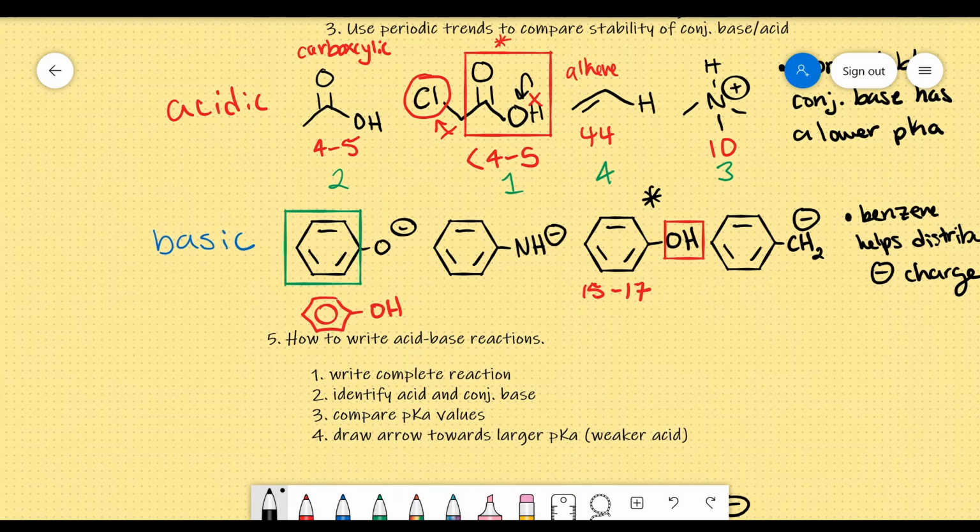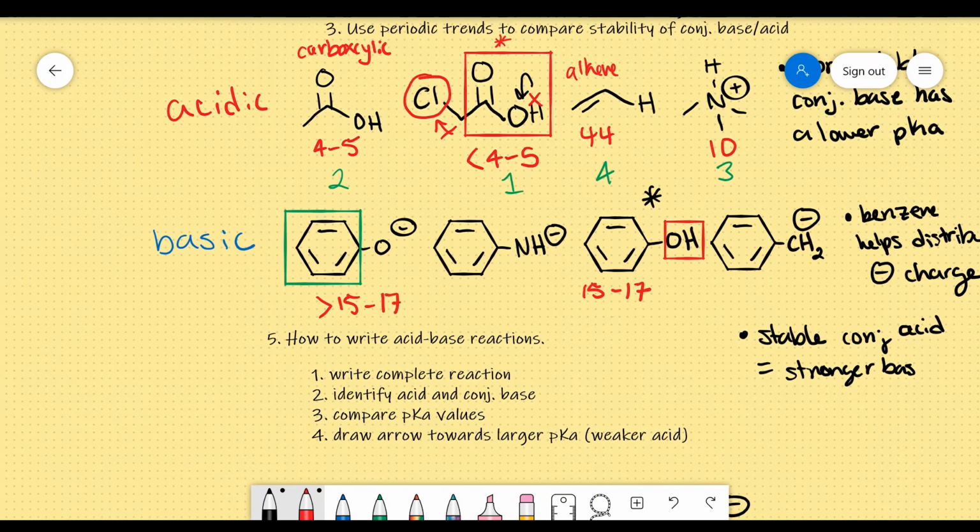Okay, so again, a stable conjugate acid means a stronger base. Okay, so overall, we are going to say that this guy's pKa is going to be greater than 15 to 17, right? Because we're looking at bases.